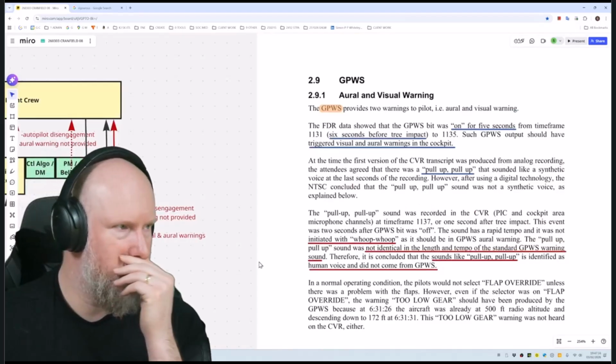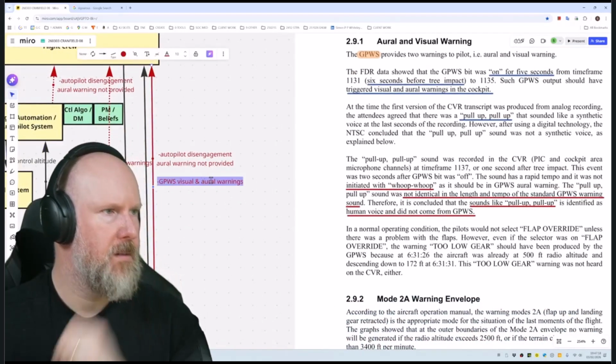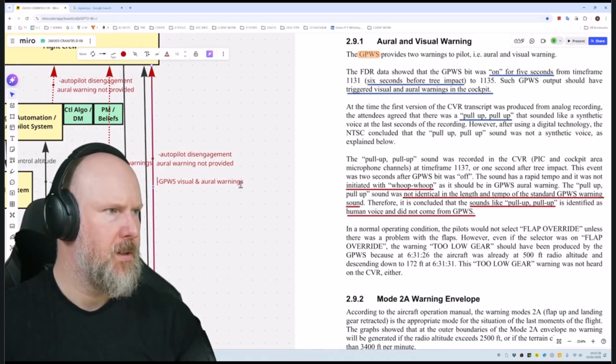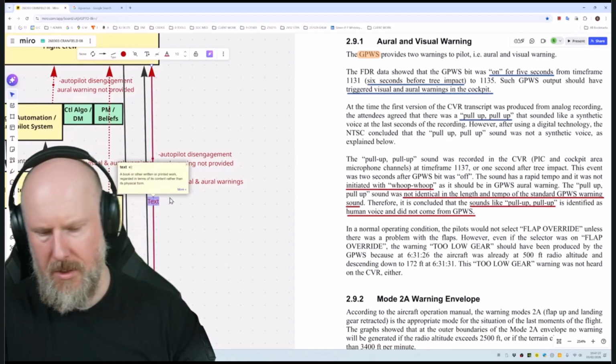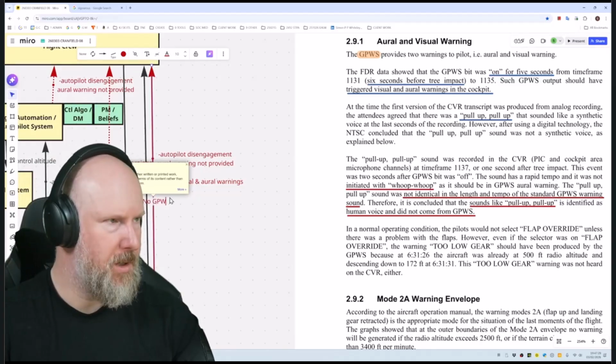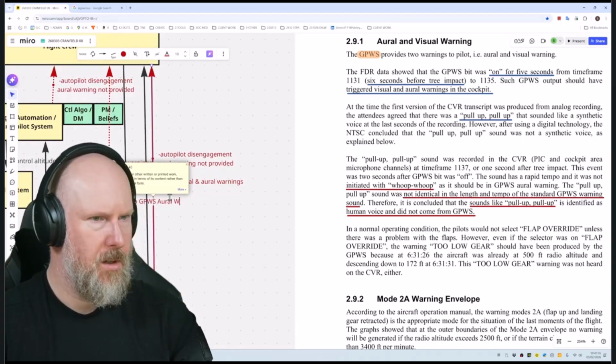And so it should provide visual or oral warnings, but there was no GPWS oral warning.